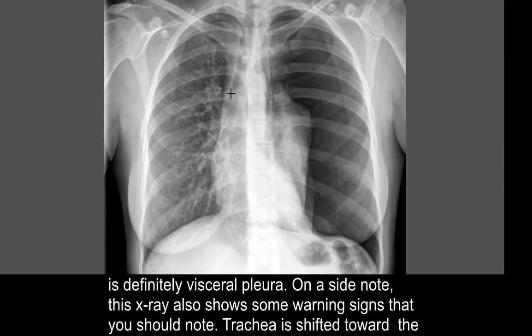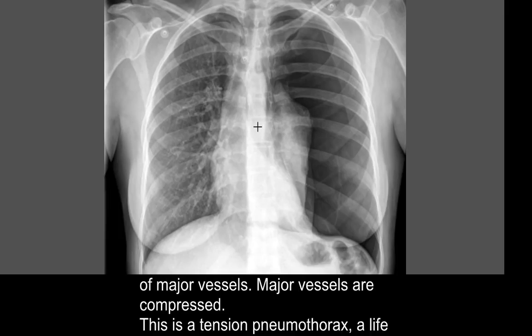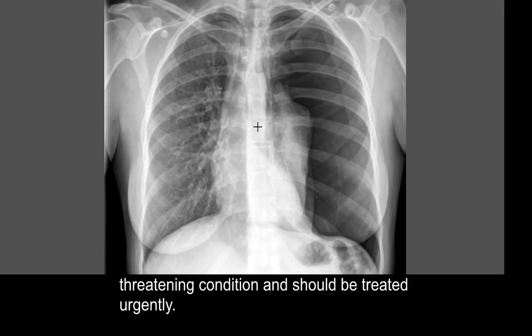The trachea is shifted towards the right side. The whole heart is shifted towards the contralateral side, which is the right side, and we cannot see aortic shadow or the shadows of major vessels. Major vessels are compressed. This is a tension pneumothorax. It is a life-threatening condition and should be treated urgently.